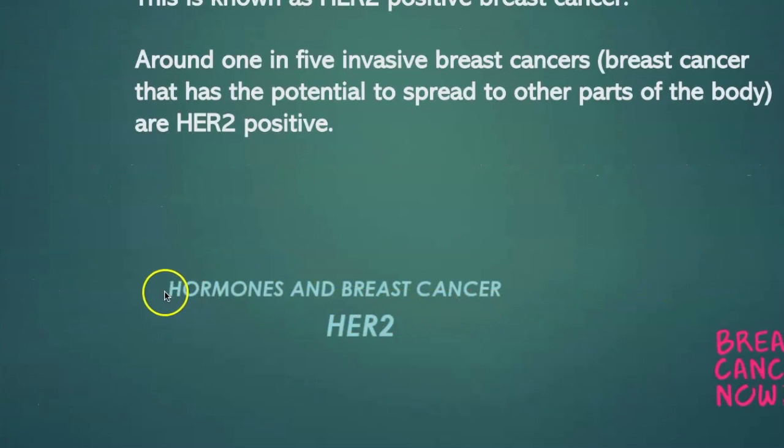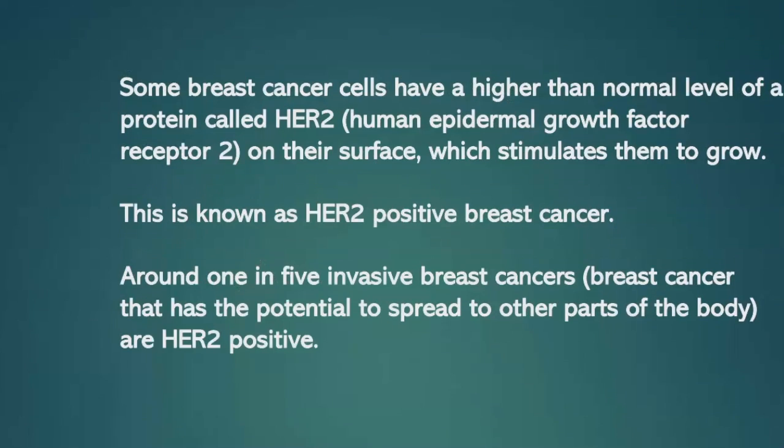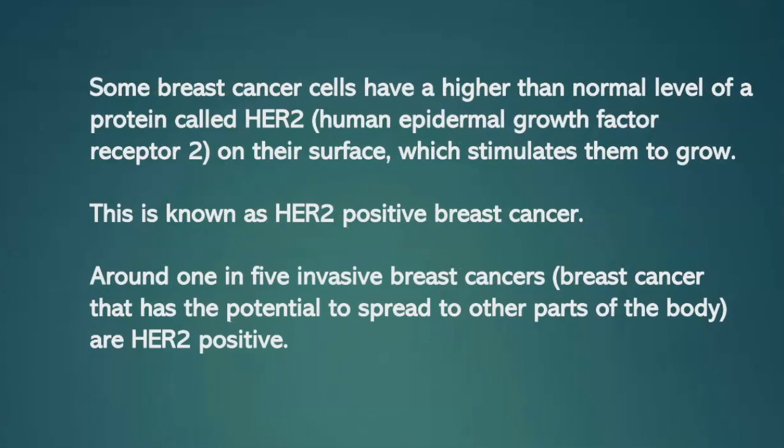Now, there's another form of breast cancer called HER2 breast cancer. And this responds to a growth factor, epidermal growth factor. And epidermal growth factor can also drive the abnormal growth of breast cancer cells. So some breast cancer cells have a higher than normal level of a protein called HER2, human epidermal growth factor receptor 2, on their surface.